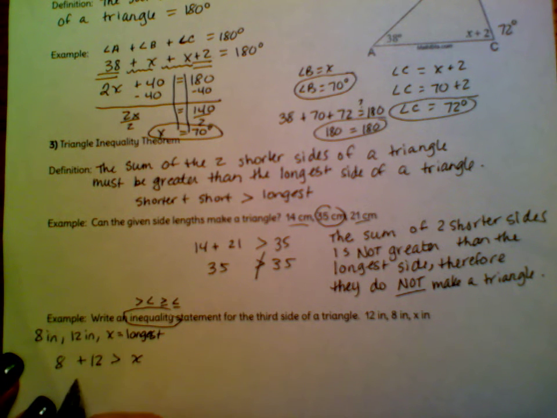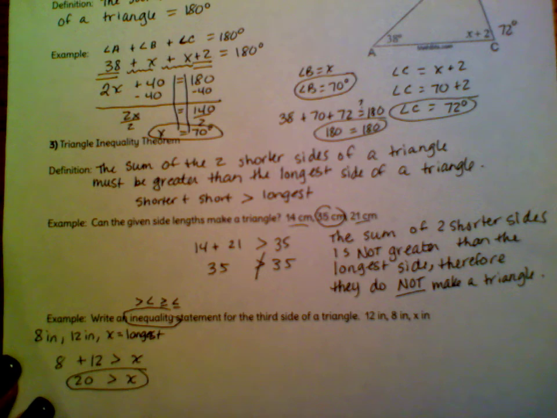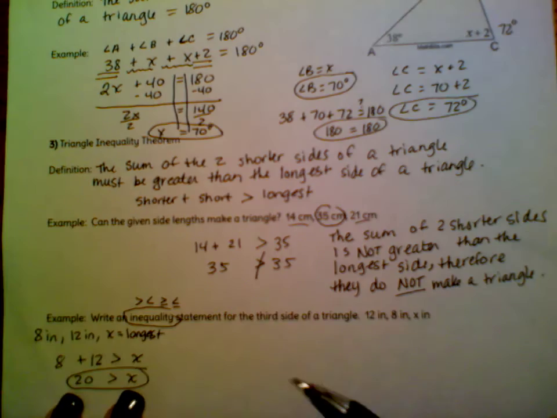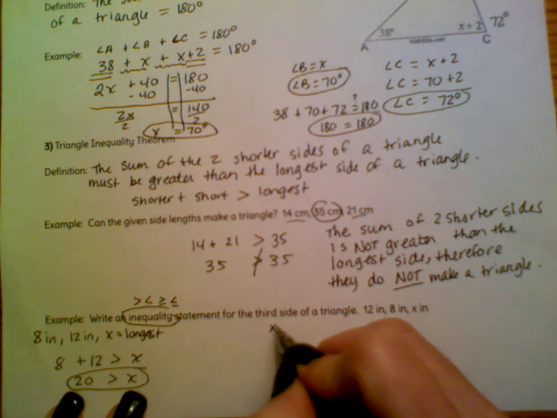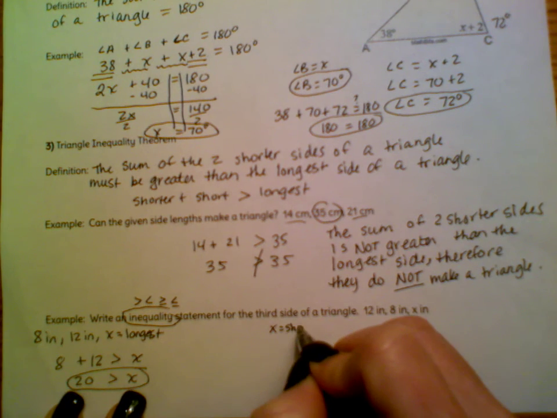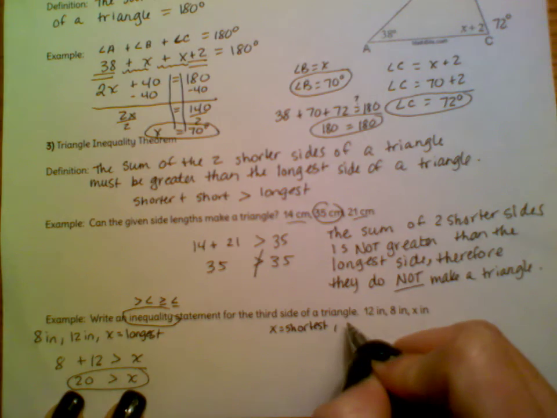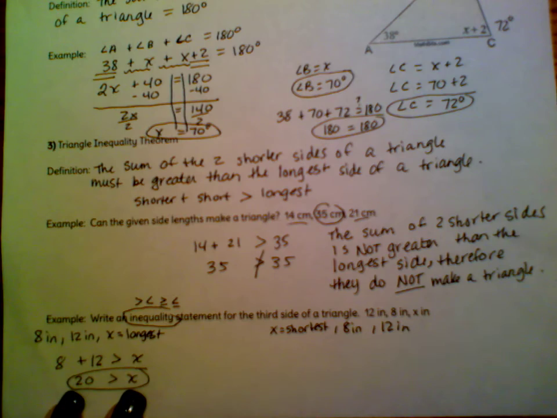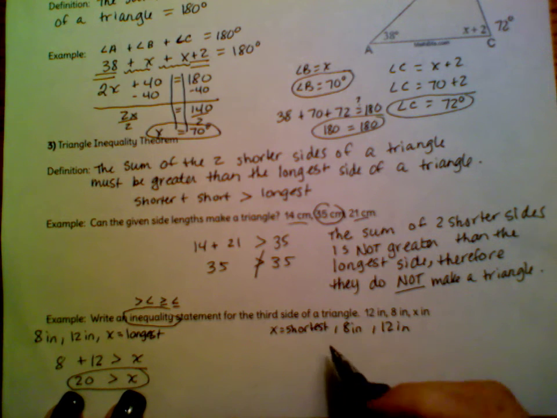Okay, now let's solve that. That's 20 greater than X. So that's one condition. But what if this isn't the longest side? What if it's the shortest? So now I'm going to put X as the shortest side. That means the 8 inches would be middle and the 12 inches would be the longest. So let's follow the theorem again.